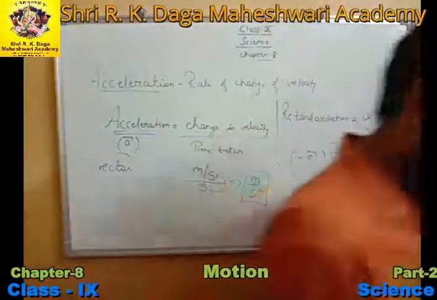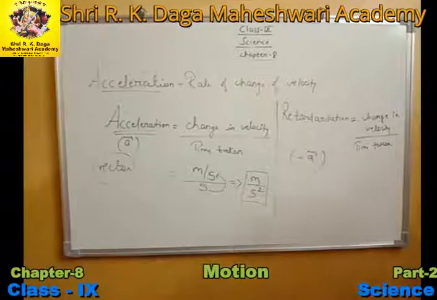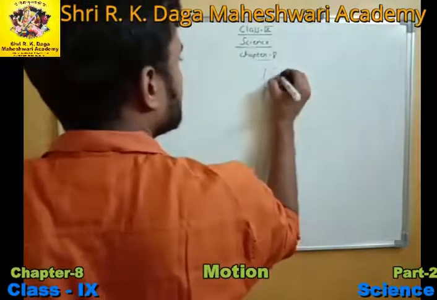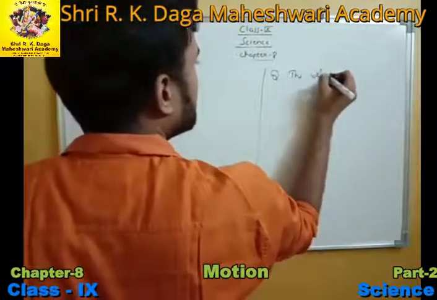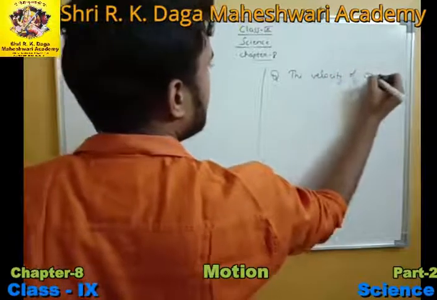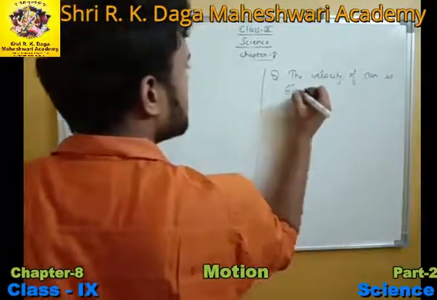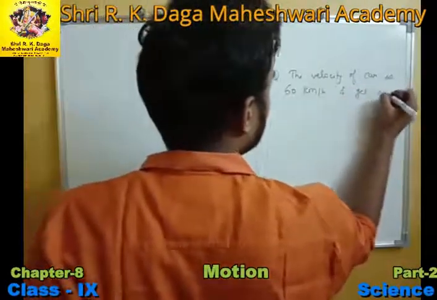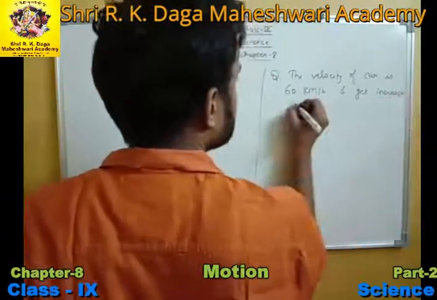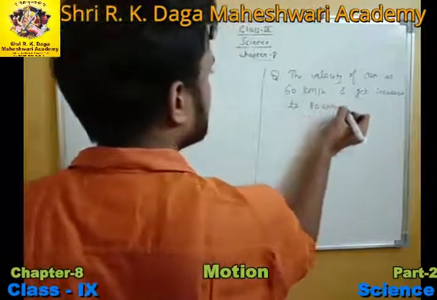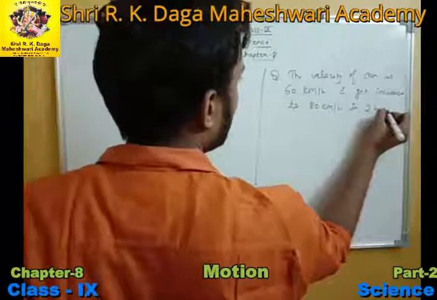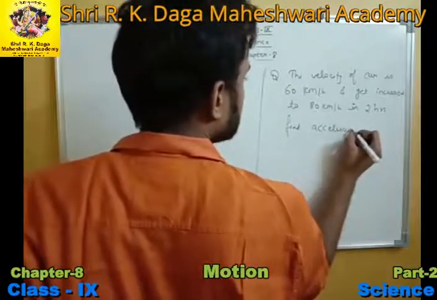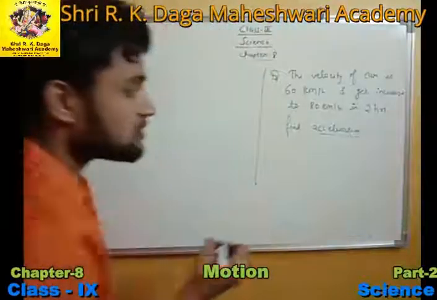Now we will practice one numerical based on acceleration. Let the question state that the velocity of a car is 60 km per hour and gets increased to 80 km per hour in 2 hours, then find the acceleration.